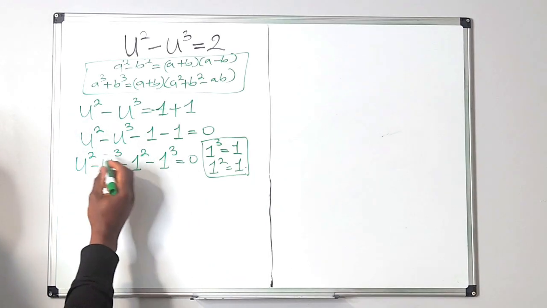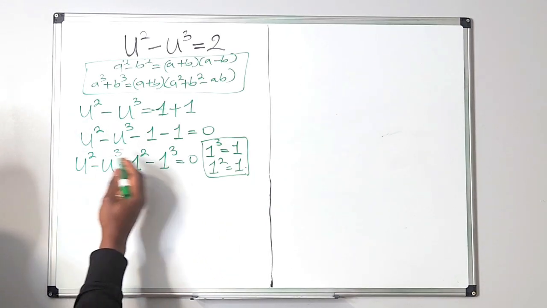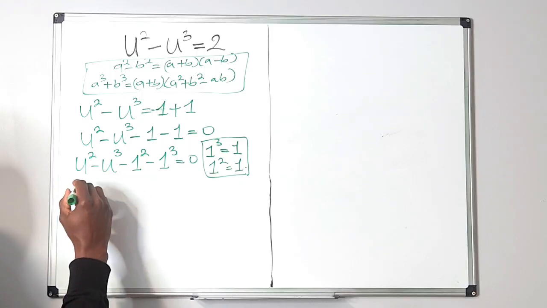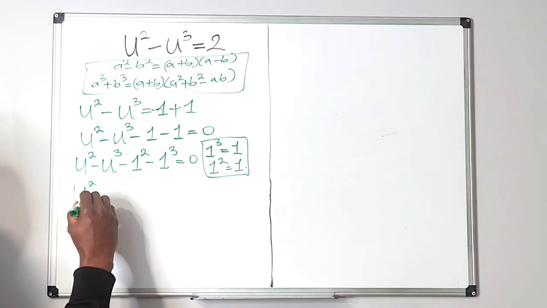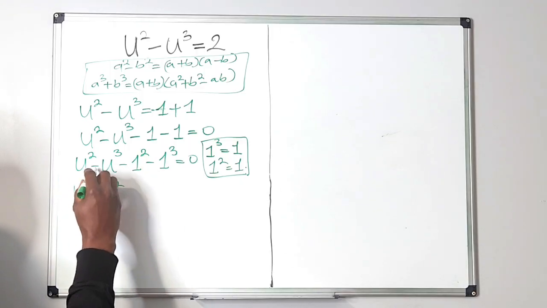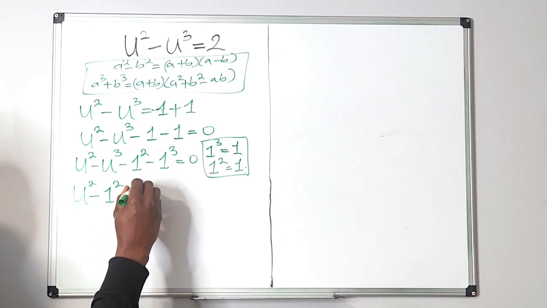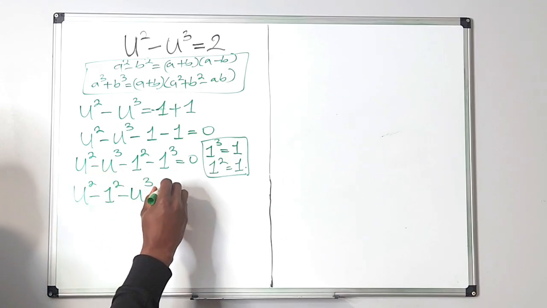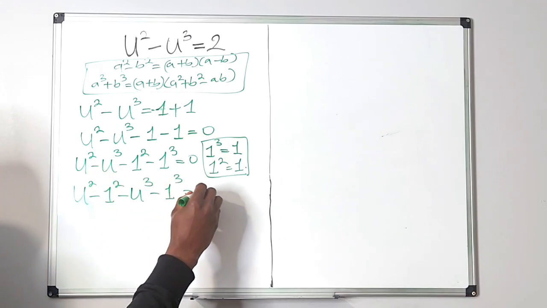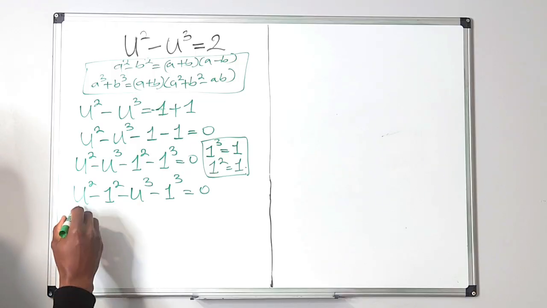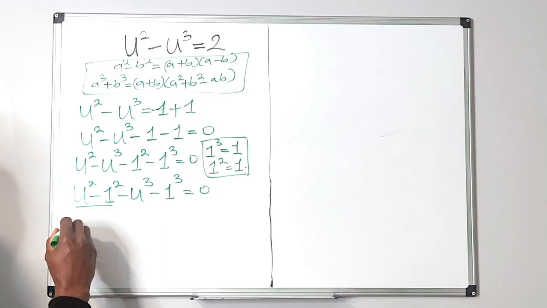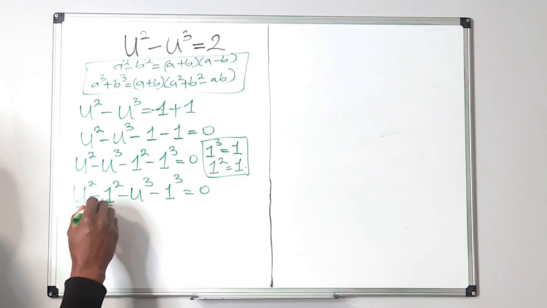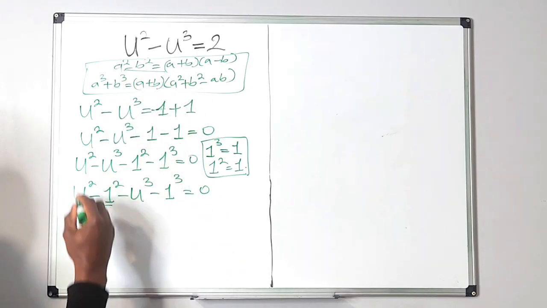Now, let's collect some like terms. We have some powers that are like terms. So we have u squared minus 1 squared, and we have minus u cubed minus 1 raised to the power 3 equals 0. So this is the same thing as, we're going to rewrite this as what we have here.